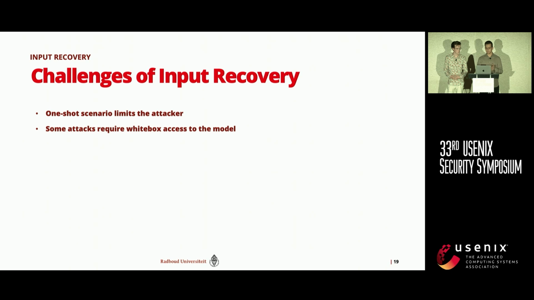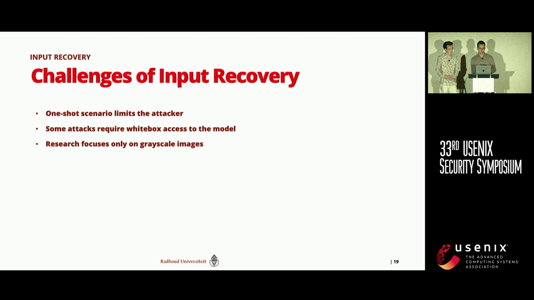And attacks like DPA require knowing the architecture and the parameters of the target model to mount the attack. We have exclusively seen grayscale images targeted in the literature. But for some approaches that have done full input reconstruction, it may not be necessary.